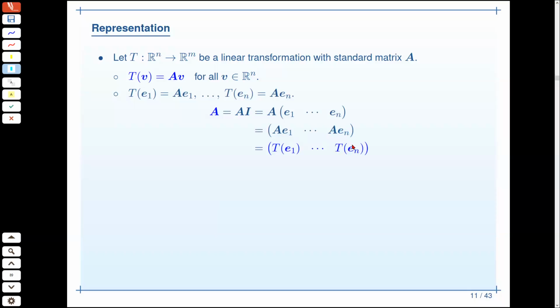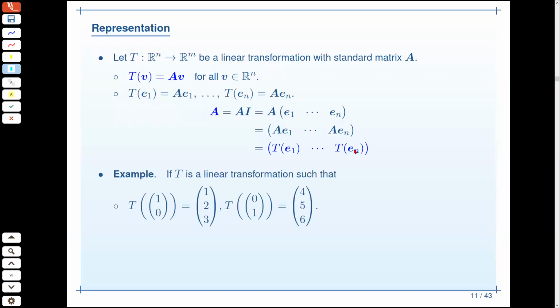So this is the more formal way to write down the standard matrix. If T is given to be a linear transformation, you just need to evaluate the images at E1, E2, En, view them as column vectors, and then you can form the matrix. This matrix is the standard matrix for the linear transformation.